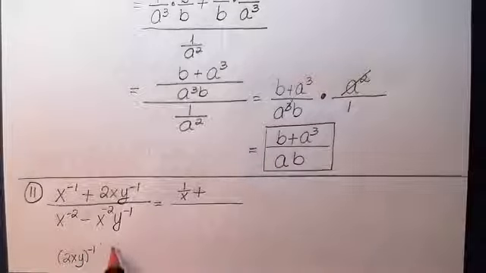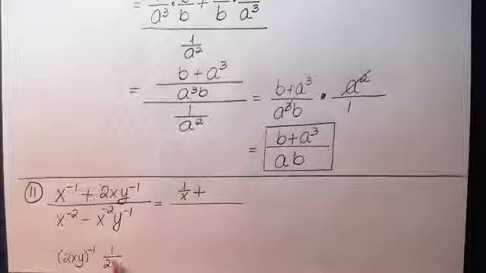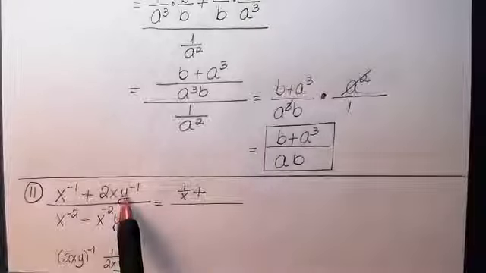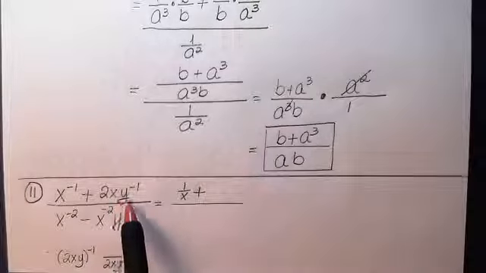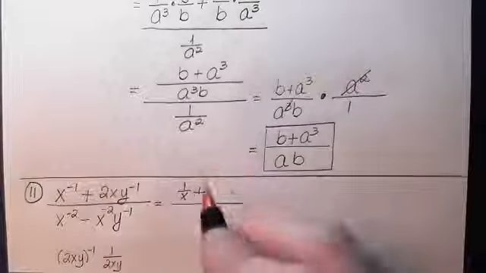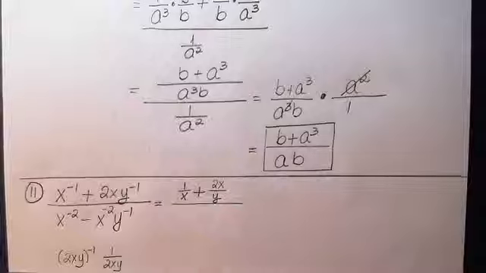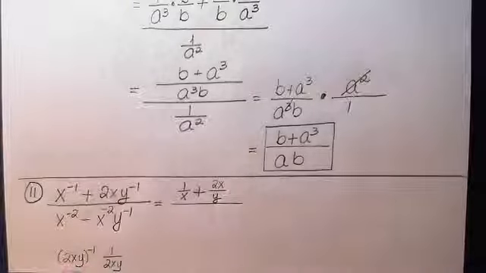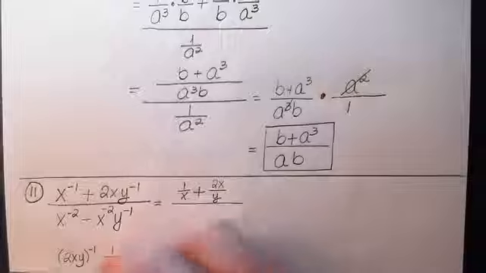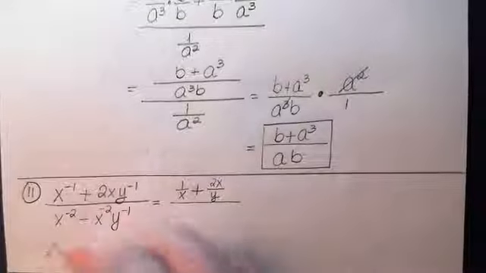In other words, it would be 1 on top and 2xy on the bottom. But because that's not the case over here, the negative 1 only impacts the y. So that means the 2x stays on top and the y flips. So please be careful. You will flip 2x and y only if you have parentheses. Okay? So just be careful with that. Alright, let's erase that.